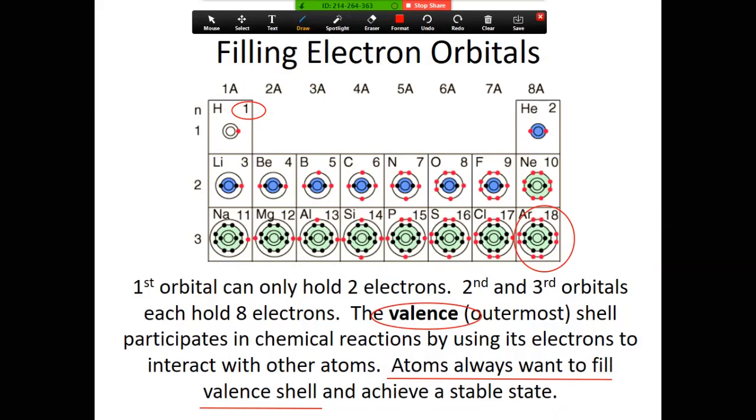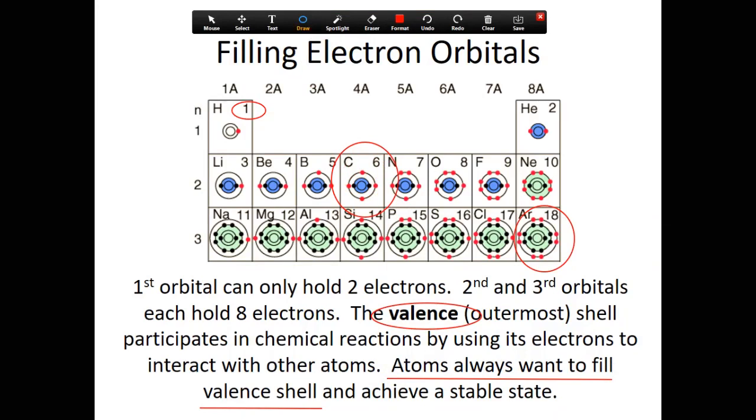So, for example, if I'm carbon, sitting right here, if I were to ask you to identify the number of valence electrons in a carbon atom, you would tell me 4. Now, my next question, is this a stable atom?